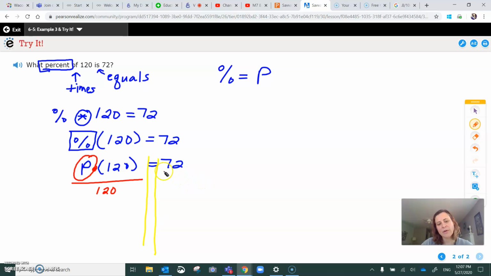The rules say that whatever you do to one side, you also have to do to the other. So when we're all done here, we find out that percent is whatever 72 divided by 120 is. 72 divided by 120 is 0.6.